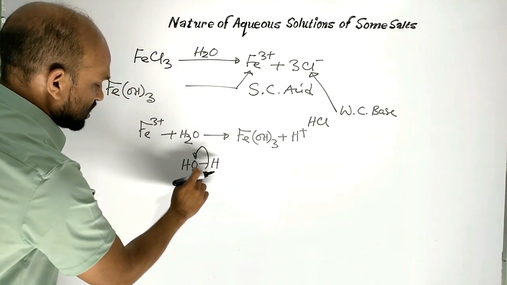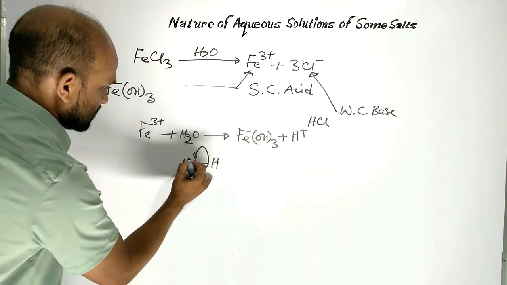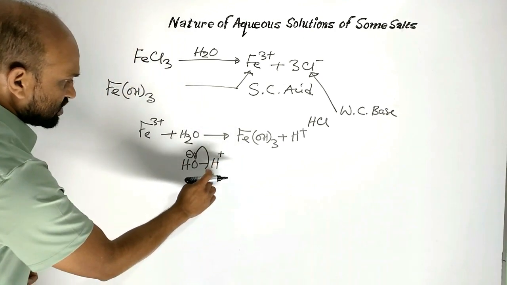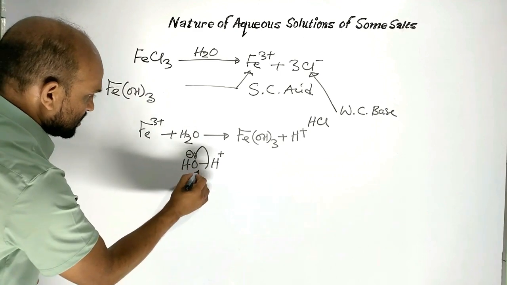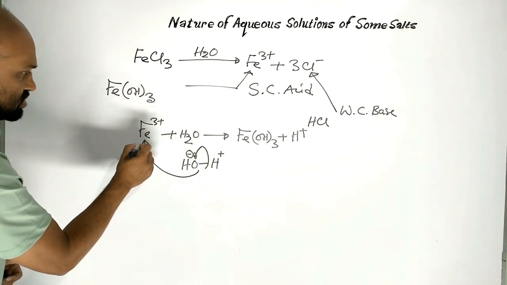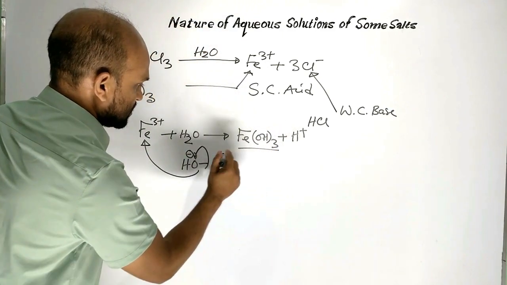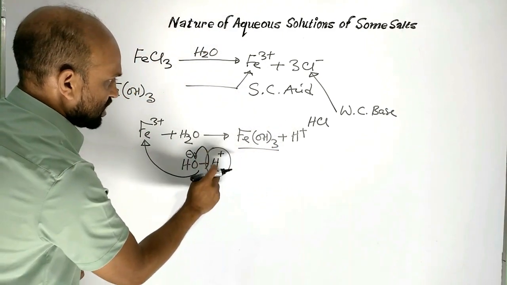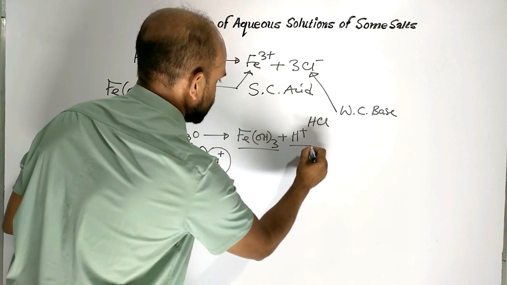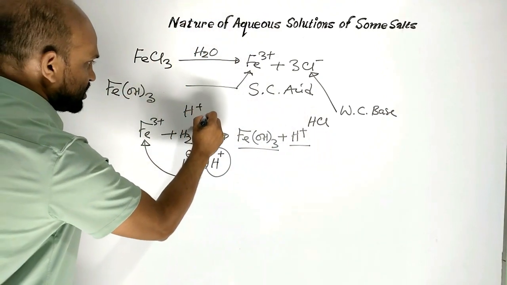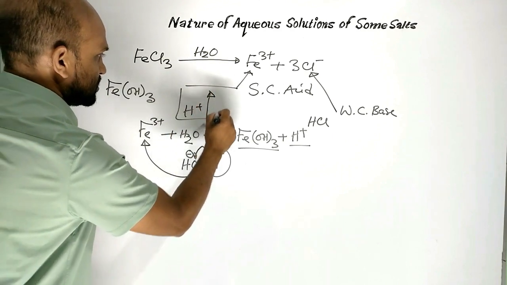The oxygen hydrogen bond undergoes heterolytic fission, giving hydroxide ion and positively charged hydrogen. Hydroxide ion combines with ferric ion to form ferric hydroxide, and hydrogen ion gets removed. That is, in the solution, the concentration of hydrogen ion increases.